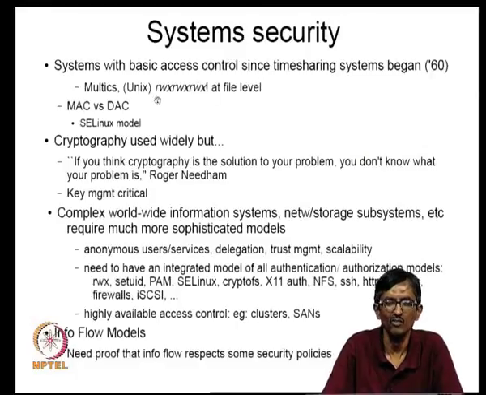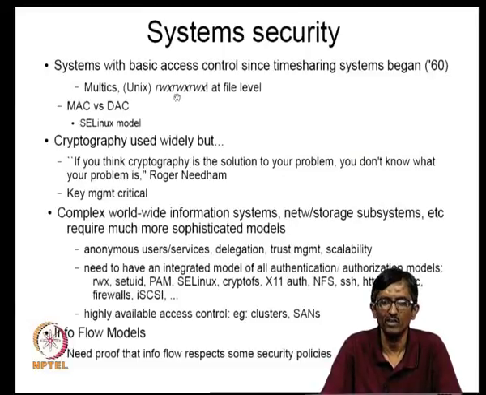I think all of you are familiar with the notion of RWX at a file level. It tells you what the owner can read, write, or execute, what members of a particular group can do with that file, and what anybody outside the user or group can do. There are three things out there, right?